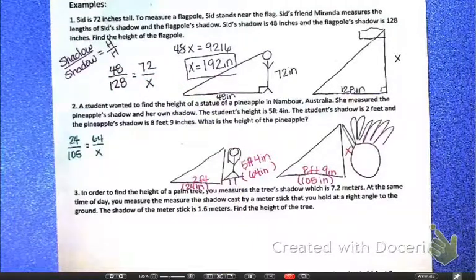Did you get this proportion here? 24 over 105 equals 64 over x, or something similar.